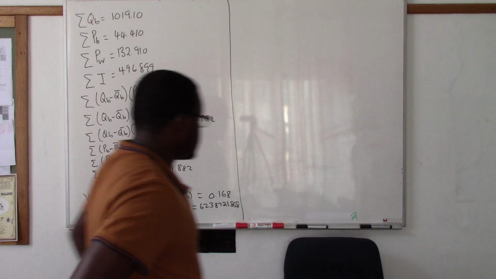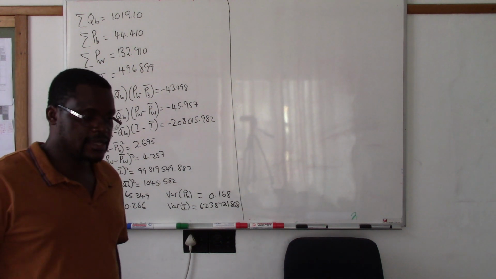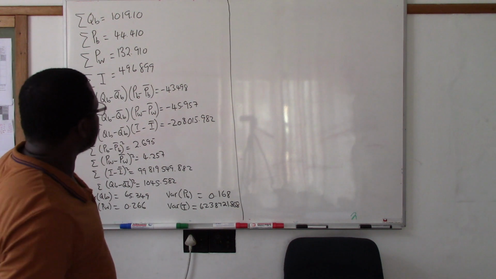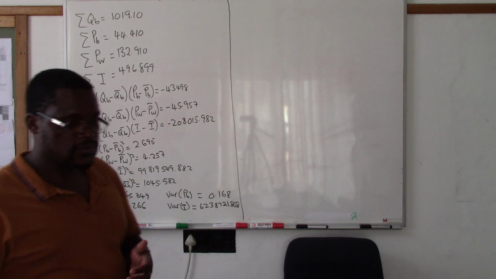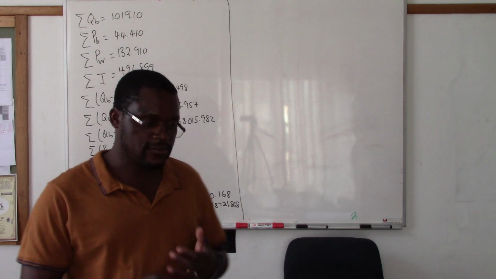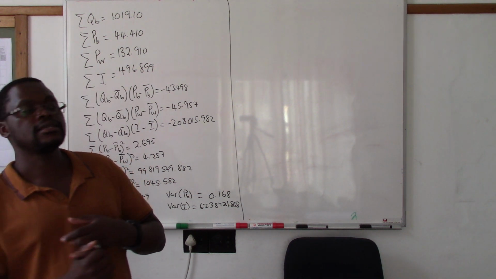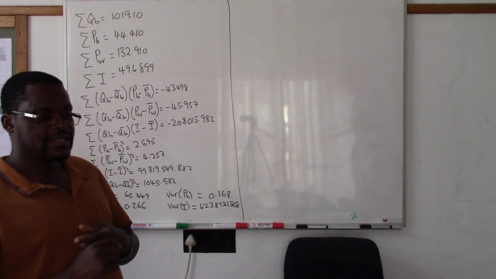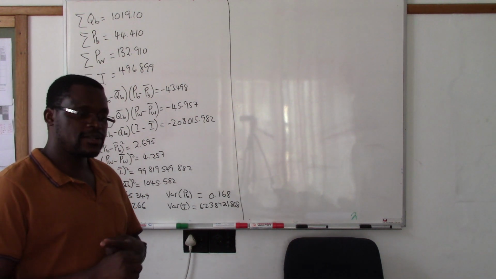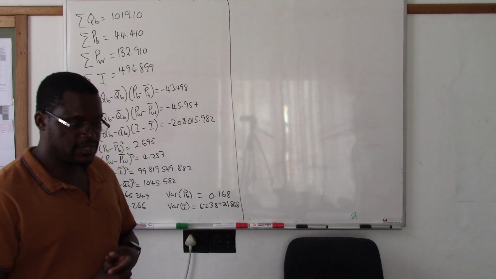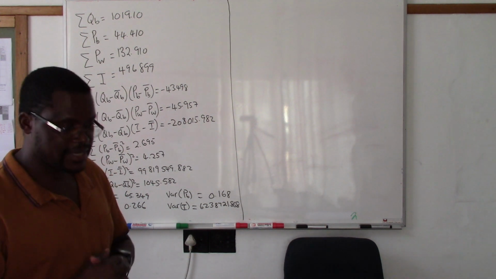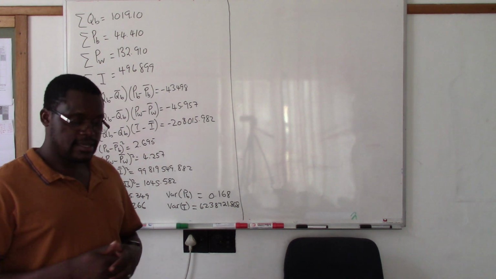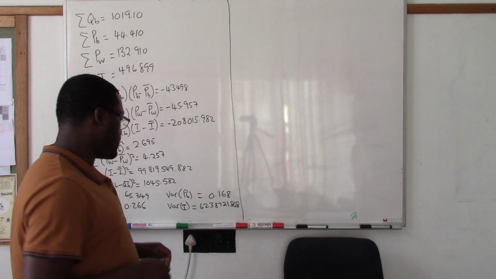So the first question says that you are supposed to calculate the covariance of quantity demanded for beer and price of beer, in the second instance the quantity demanded of beer and price of wine, and in the last instance the quantity demanded of beer and income.